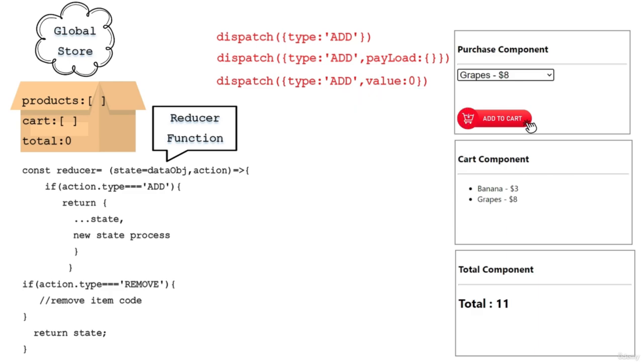In short, whatever information you pass with the dispatch is called payload, and you can name it whatever you want. Again, to summarize, whenever there is an event, you dispatch the action, and whenever the dispatch method is called on any event, there will always be an object passed to the reducer.